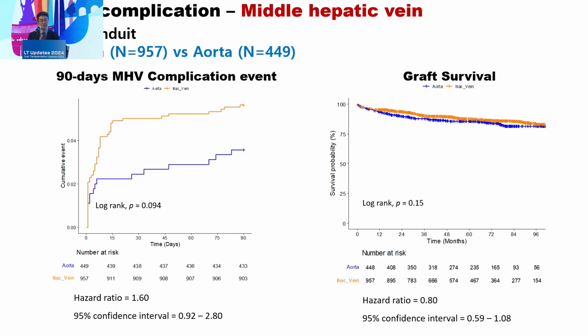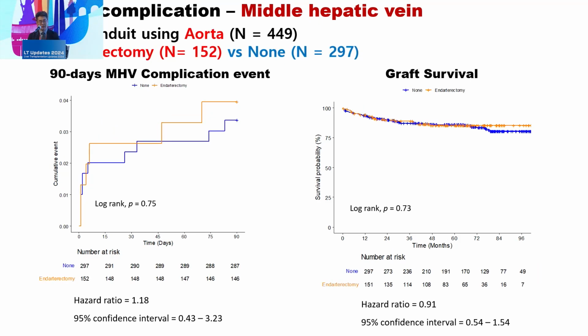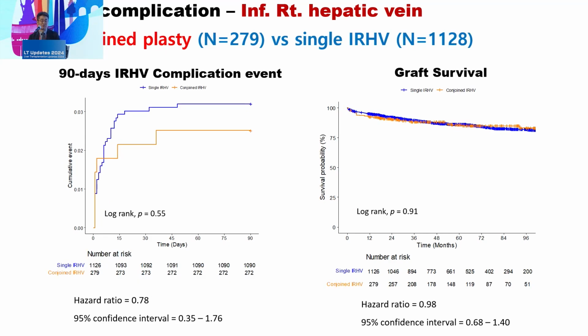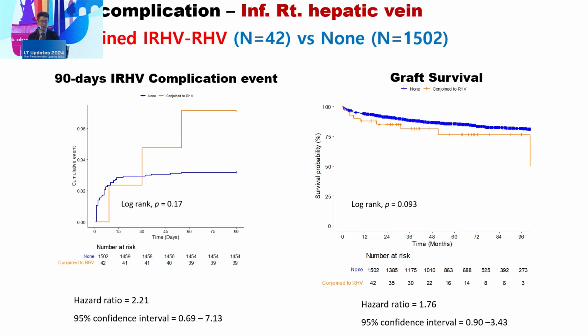And in the case of non-synthetic conduit graft, we compare the iliac vein graft and aorta graft. And in the case of middle hepatic vein reconstruction using the aorta, the endarterectomy group and non-endarterectomy group were compared. And for inferior right hepatic vein complications, the multiplicity of openings and the types of plasty were considered in this analysis. The plasty types were the conjoined plasty of two inferior hepatic veins, and the inferior right hepatic vein to the right hepatic vein.